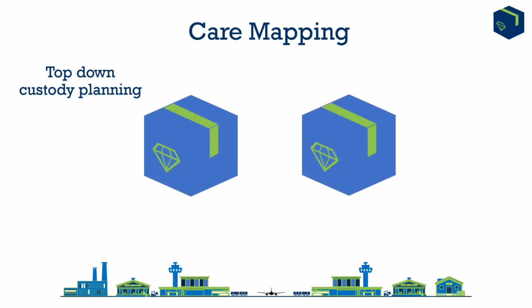Let us look at our care mapping project. Traditionally, the industry concentrated on shipment movement in a top-down custody planning. In the future, we are addressing now the conditions under which the planned movement of the shipment takes place, bottom-up planning and control.